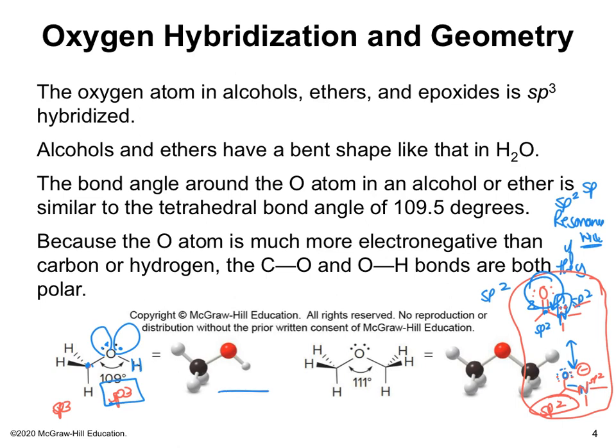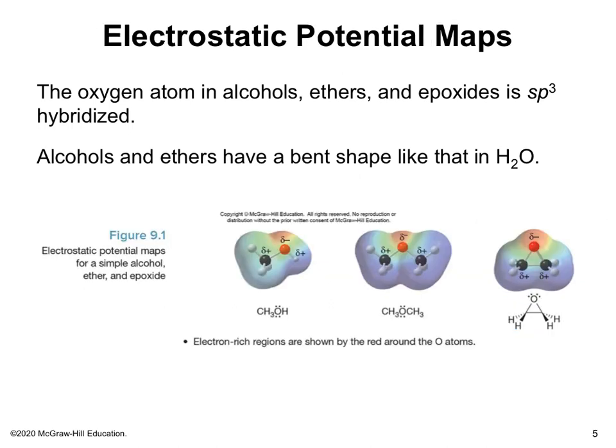And this is an ether. So in epoxides and alcohols and ethers, you have an sp3 carbon. Alcohols and ethers have a bent shape like water. That means the lone pairs are on the same side, and that is bent.